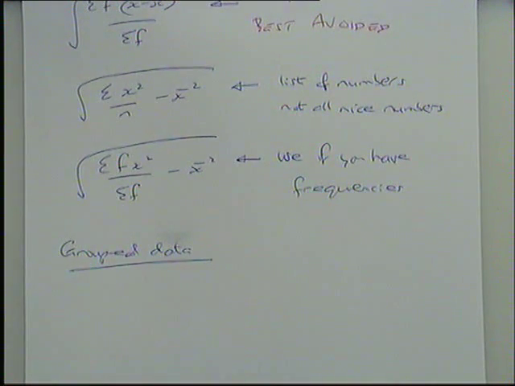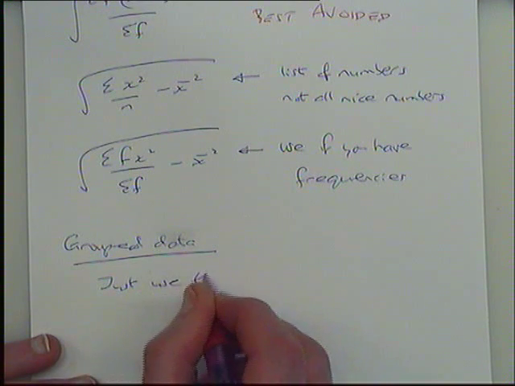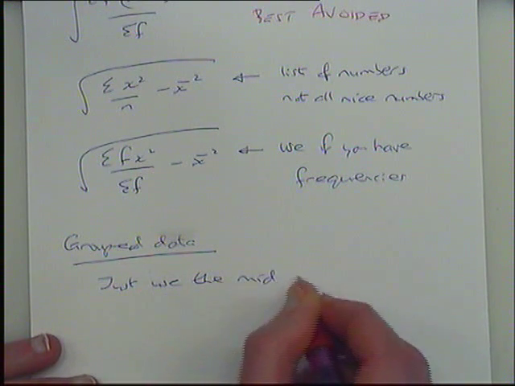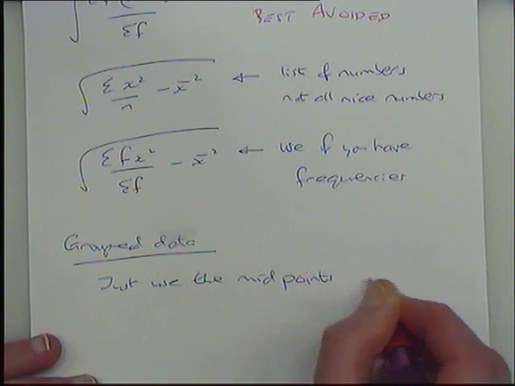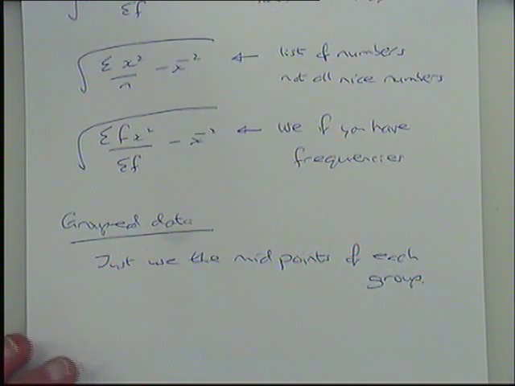So, if we had group data, what do you think we'd do? What did we do with it when we were trying to work out the mean? Yeah, you just use the midpoints of the groups. Midpoint of each group, just like we did when we were doing the mean.